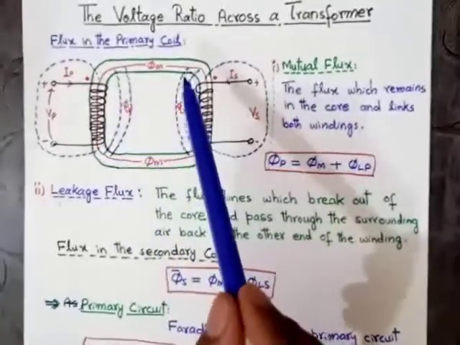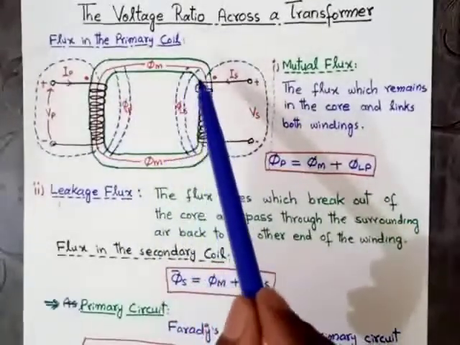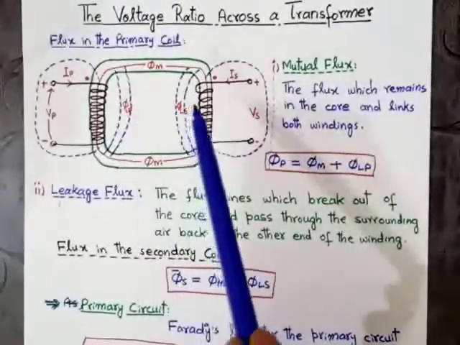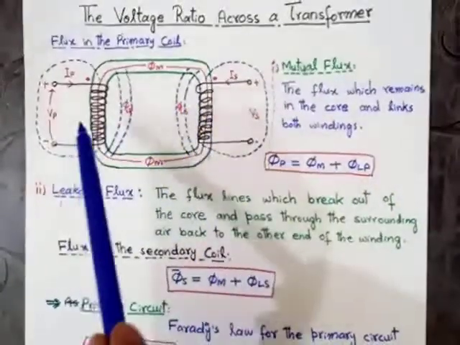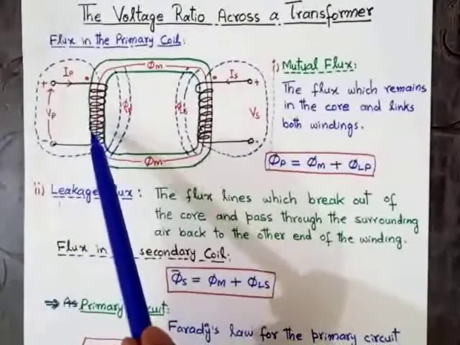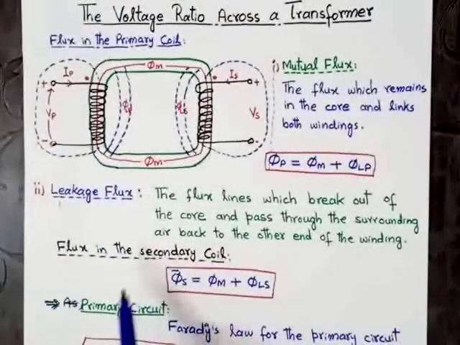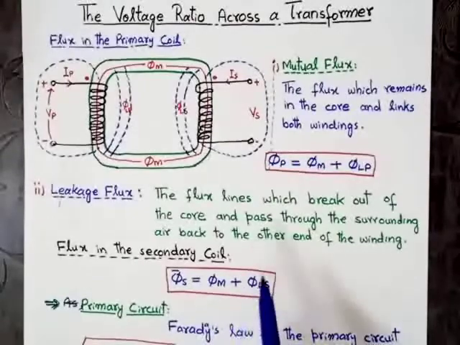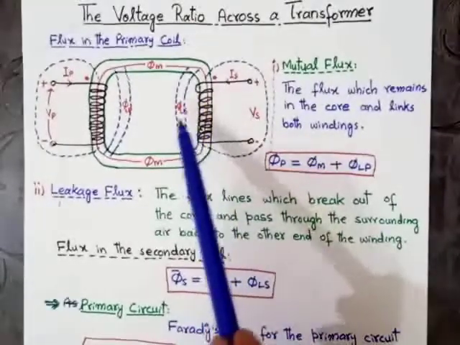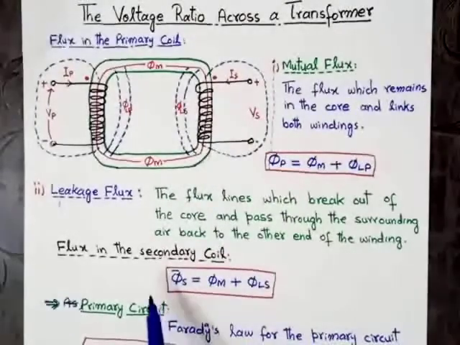That's why the value of the mutual flux will remain the same for the secondary winding and for the primary circuit. So the flux in the secondary coil will be equal to the mutual flux plus the leakage flux across the secondary circuit. This will be the total average flux across the secondary circuit.